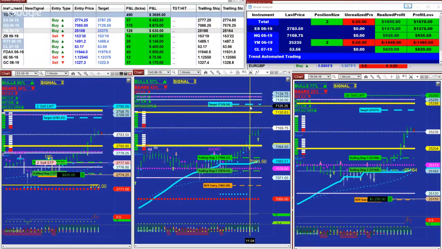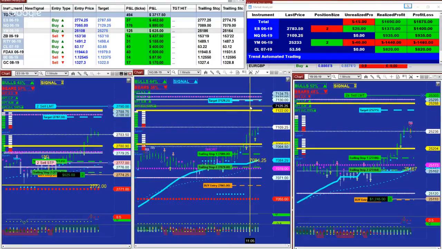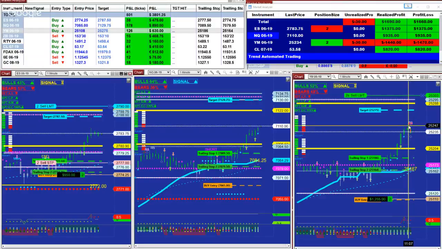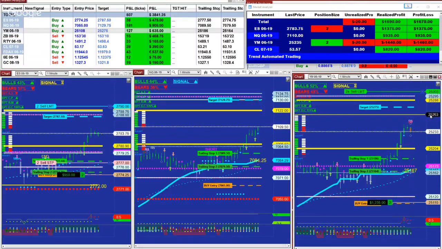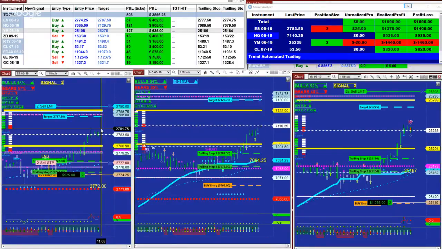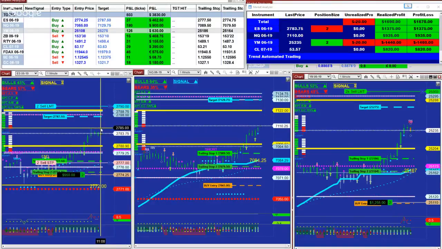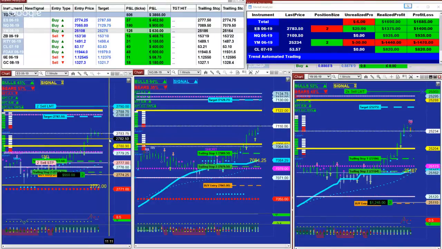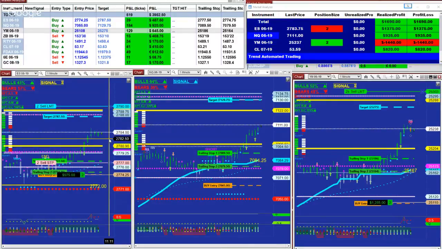But let's see. As you see here, we have got a reversal on the YM. This means we are sinking back a little bit on the YM. So we really need a little push from the ES here, and the Nasdaq. There we go.